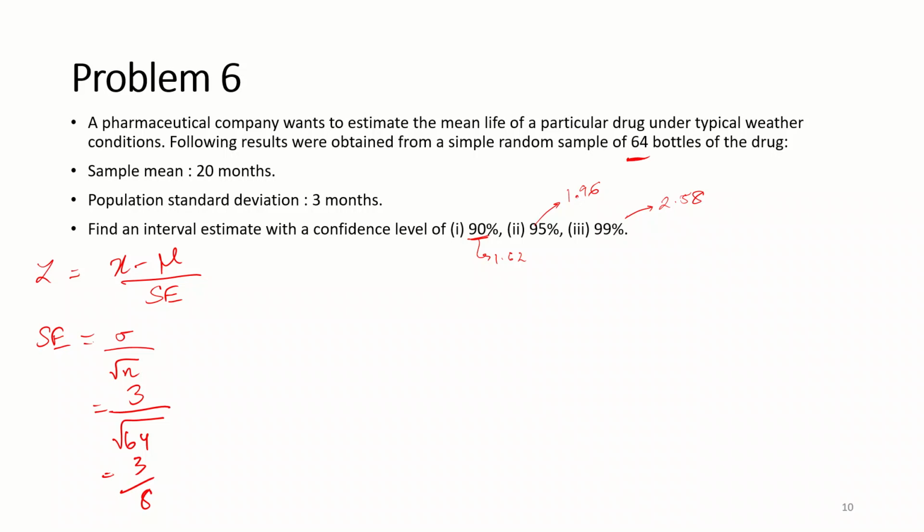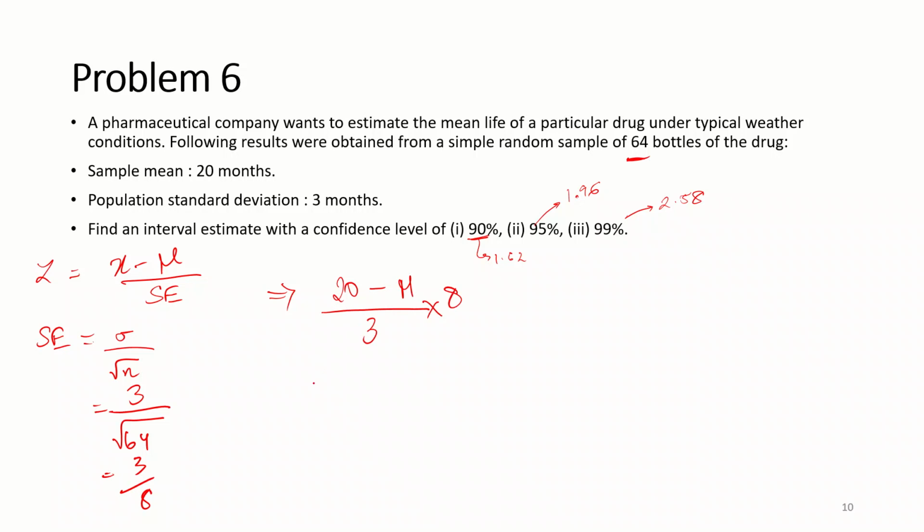So what we will get is, if in this formula we put the z, it will be 20 minus mu divided by 3 by 8.